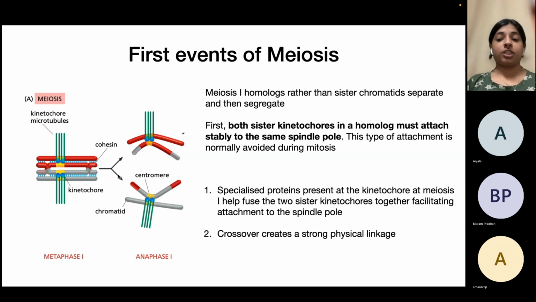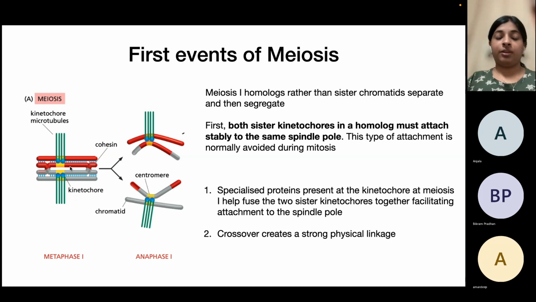So again, like I mentioned, there are specialized proteins that are present only in meiosis 1 and not in the other types of cell division. So they help fuse the two kinetochores of the sisters together, and they do not help attach to different poles, instead facilitating their attachment to the same spindle pole. Again, because these chromosomes have just undergone crossing over, there is a very strong linkage between them.